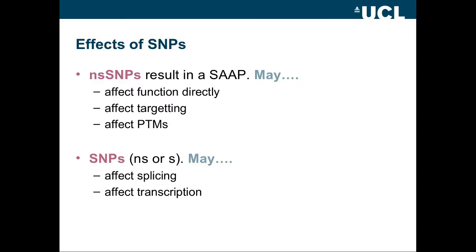So what effects do SNPs have? Well, NS SNPs, in other words non-synonymous SNPs, result in what we could refer to as a single amino acid polymorphism, or SAP.